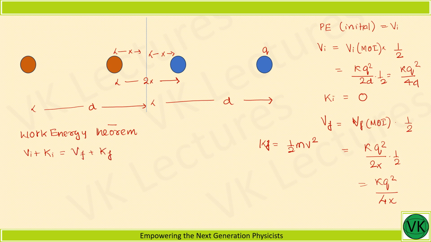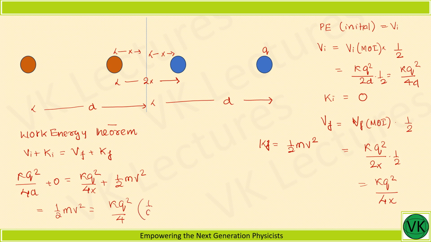So Vi is kq square by 4d plus 0 equal to kq square by 4x plus half m v squared. From this we can write half mv square equal to kq square by 4 into 1 by d minus 1 by x.